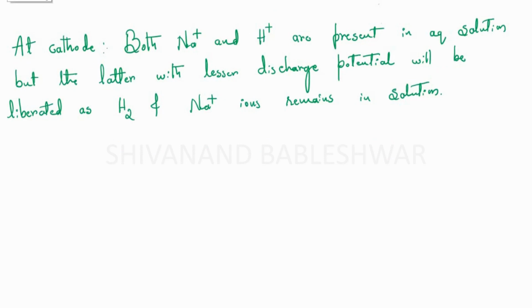Now at the cathode we have both Na plus as well as H plus present in the aqueous solution. But we should remember that sodium has already lost one electron and become stable. Sodium is an electropositive element, and after losing one electron, it acquires the nearest noble gas configuration.